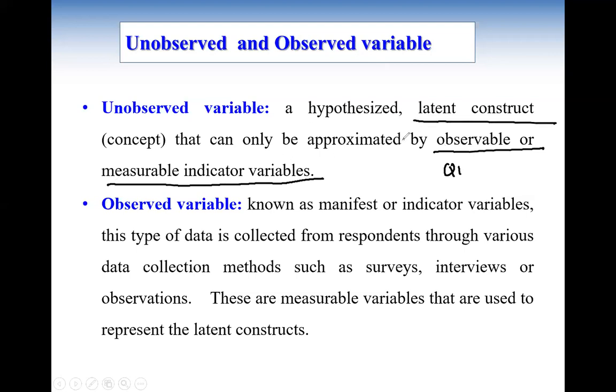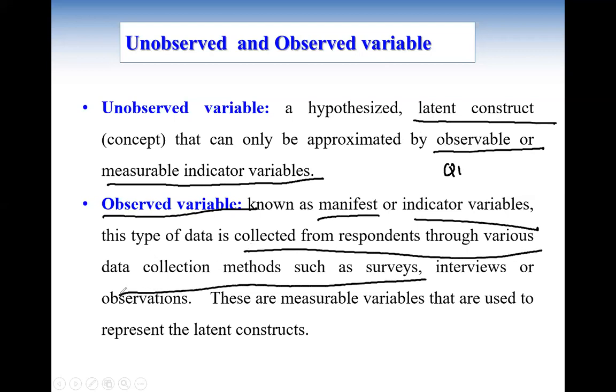Latent means unobserved, and observed variable means manifest or indicators. This type of data is collected from respondents through data collection methods such as survey and interview. Whatever questions you are taking in a particular research paper or thesis and distributing to the respondents, all the questions are known as observed questions.